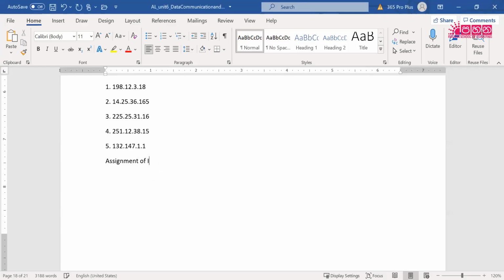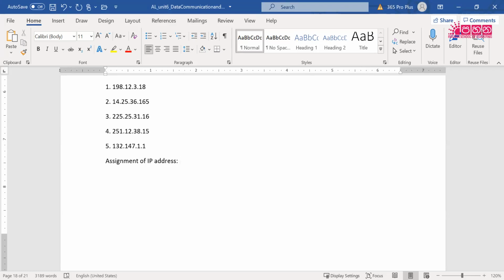How are we going to get IP addresses? There should be somebody who should give these numbers, right? It could be class A, it could be class B, it could be class C, and so on. All the hosts in the same network are assigned the same address prefix.